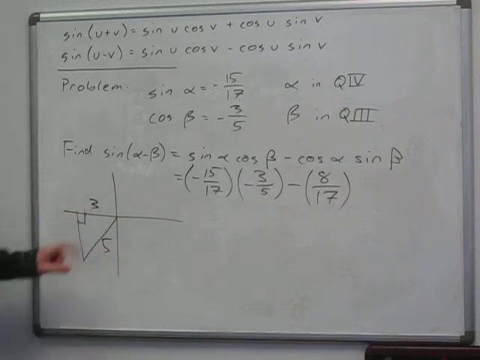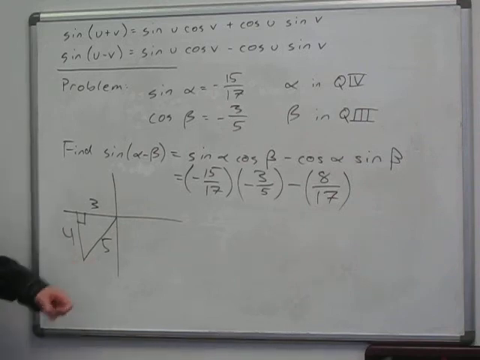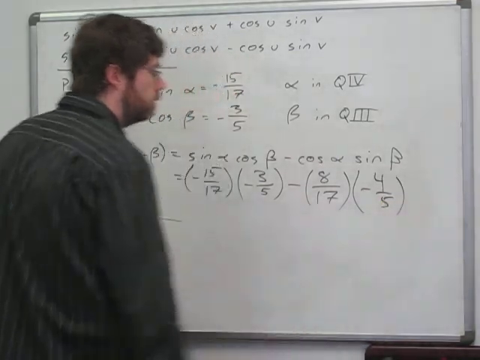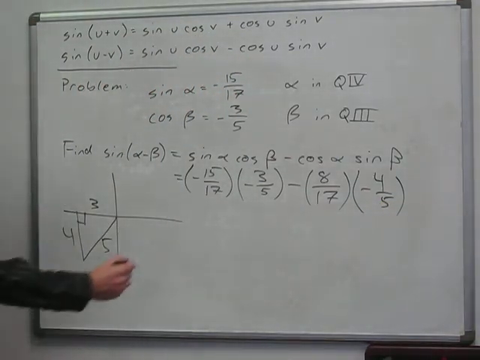And it's negative certainly because we're in quadrant 3. The other leg, by the Pythagorean theorem, has length 4. We're in quadrant 3, so the sine of beta is going to be negative. The ratio is going to be a negative 4/5. So all that's left is to simplify this expression.